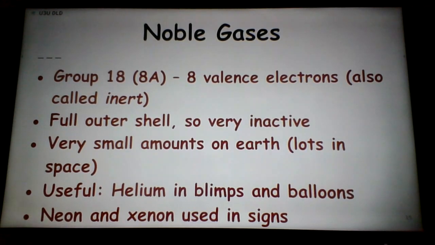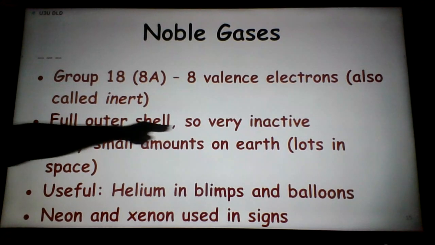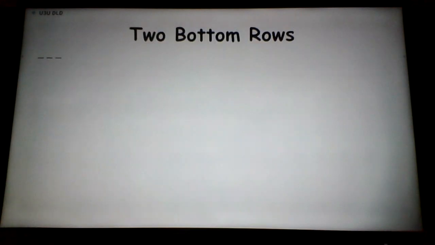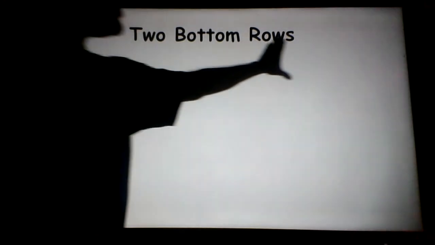Neon glows a nice bright red, and combining certain amounts of other gases with neon, the noble gases, we might see different colors. And that's why we have the neon signs that we might see around the cities at night. All right, but the noble gases, very, very inactive, do not combine with other elements because they have full outer shells.